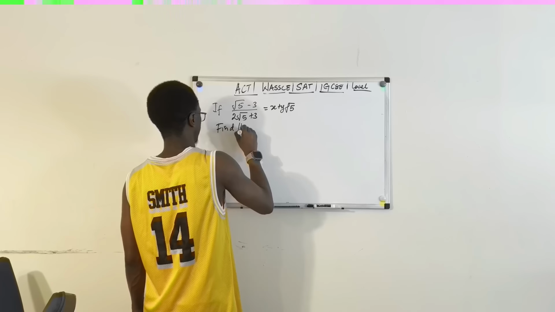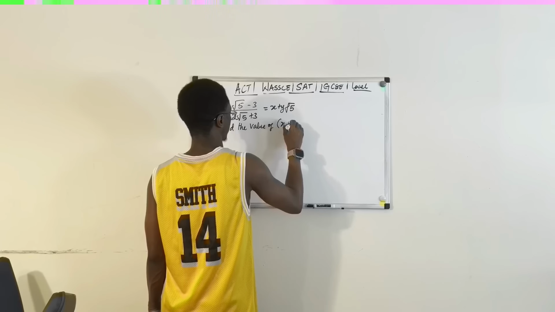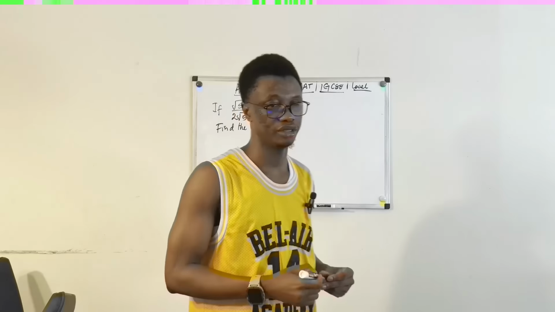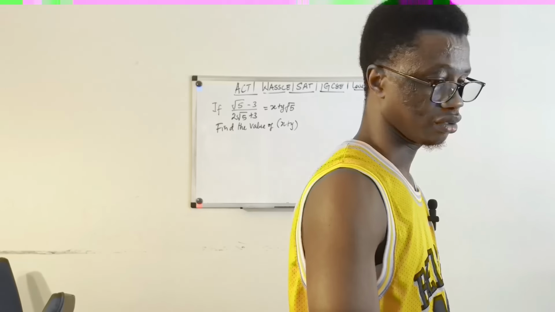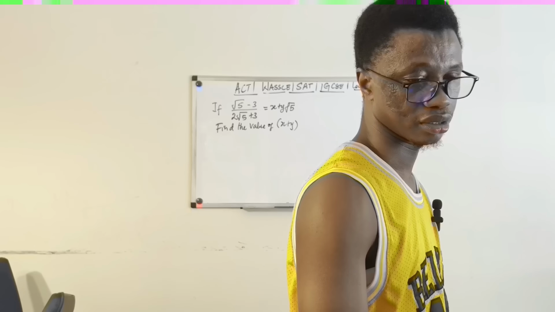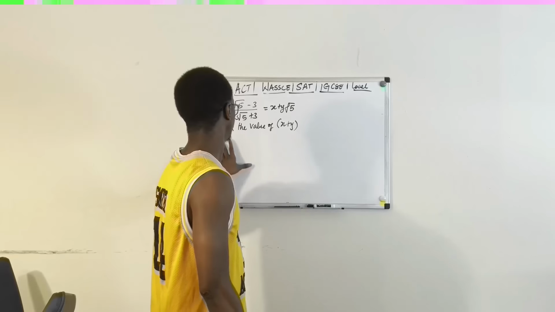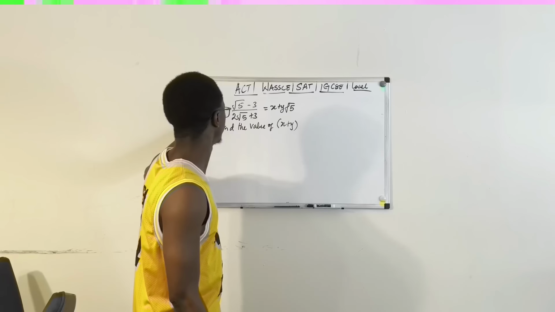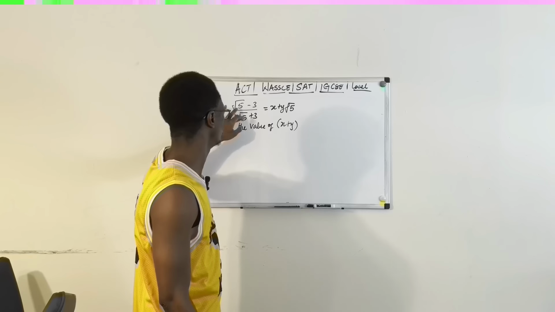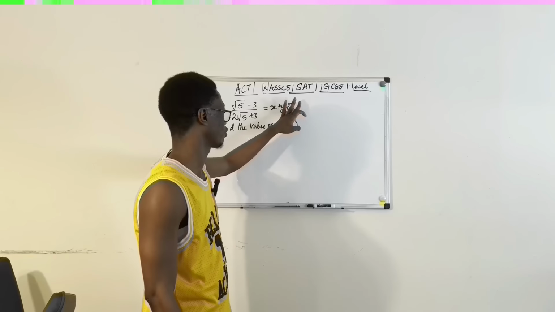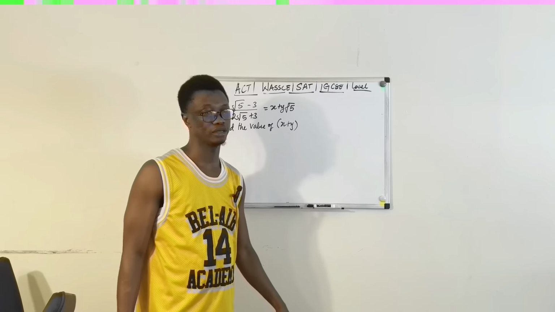Find the value of x plus y. Okay, easy. So let's do that. Okay, so we are given if root 5 minus 3 divided by 2 root 5 plus 3 equals to x plus y root 5. Find the value of x plus y.